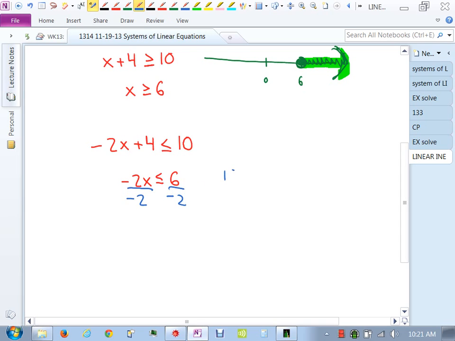If you divide an inequality, only an inequality, this of course doesn't work for equations because you don't have the symbol. If you divide an inequality by a negative number, what do you have to do? You must flip the inequality.